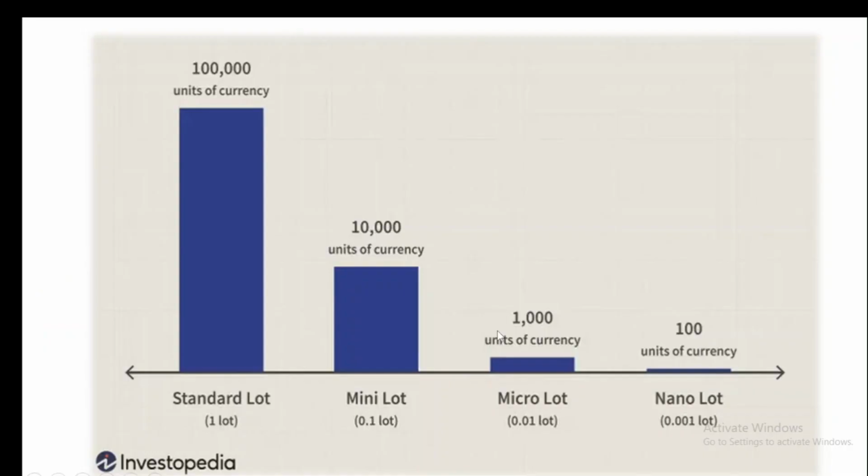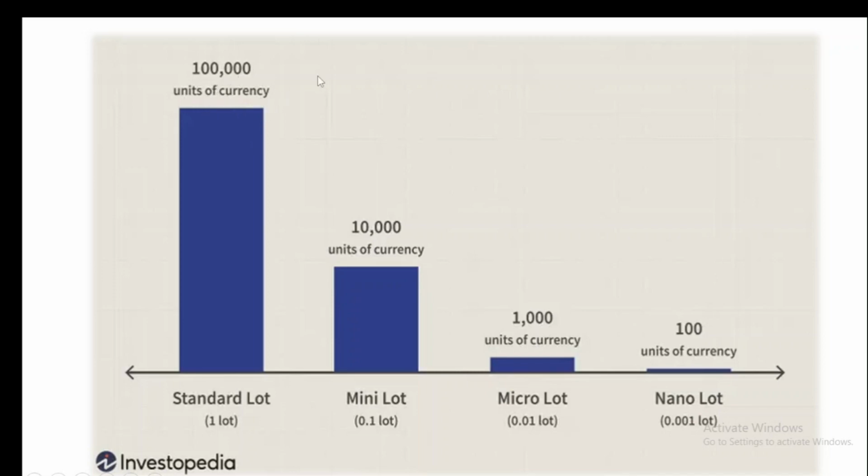So when it comes to forex, just like when you're buying meat, you buy in kilograms, half a kilogram, quarter kilogram, 2 kilograms. In forex, we have the standard lot. The standard lot means 100,000 units of the base currency.